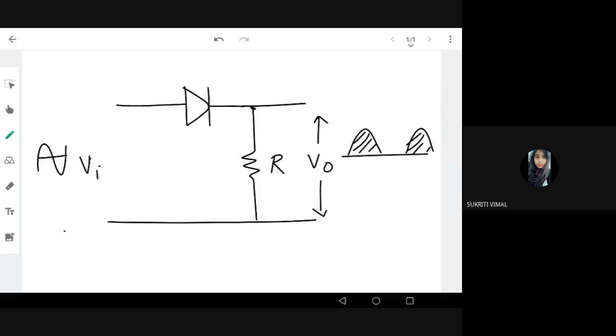Now if I give a bias to this diode, suppose I give a small bias, V bias, say 2 volt.